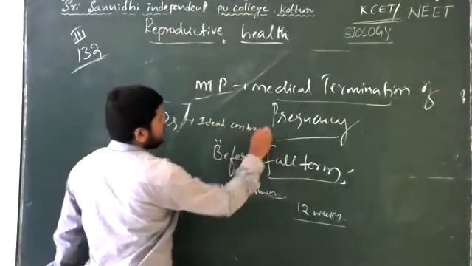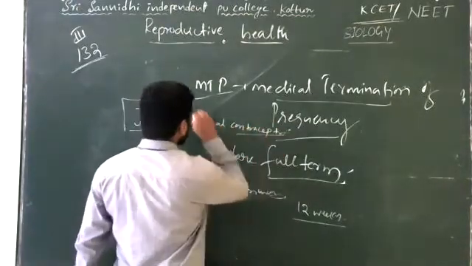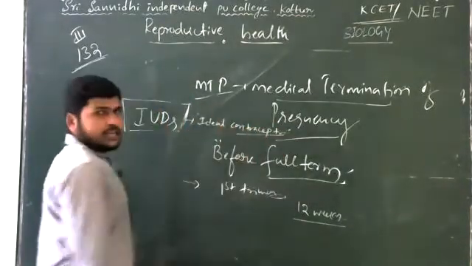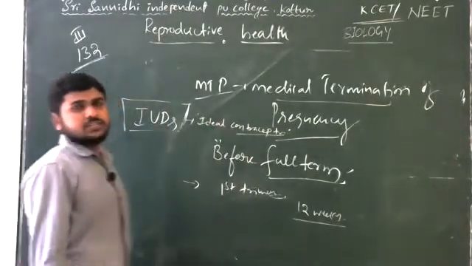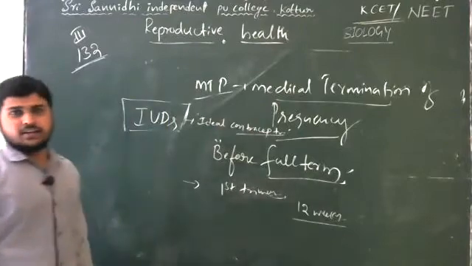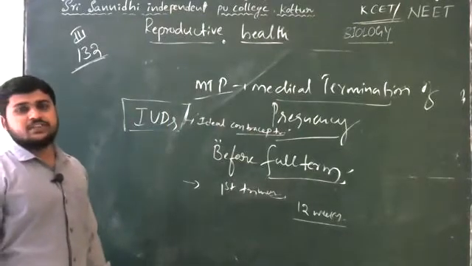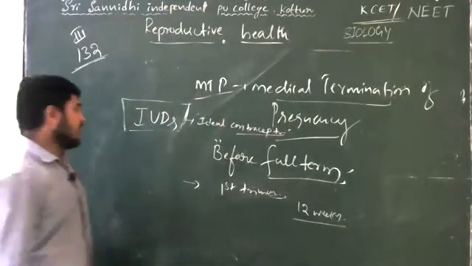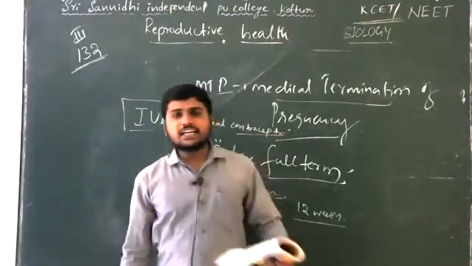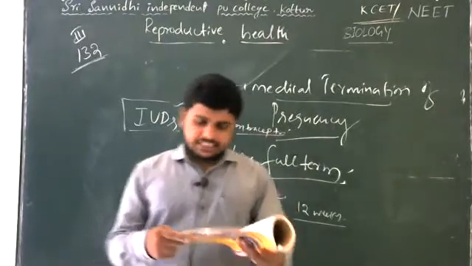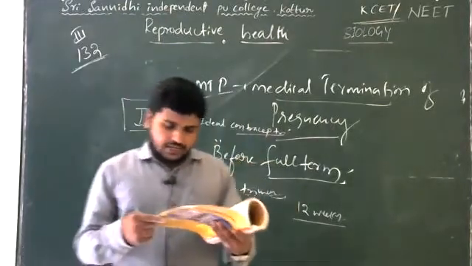They are eco-friendly, cost-effective, have less or zero side effects, and are easily available. These are the characteristic features of ideal contraceptives. That's why IUDs fulfill all these characteristics, so they are widely used in India at present.